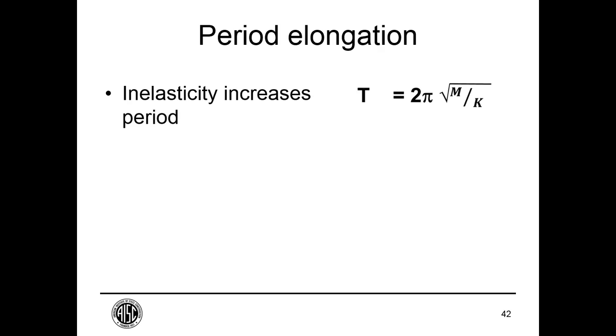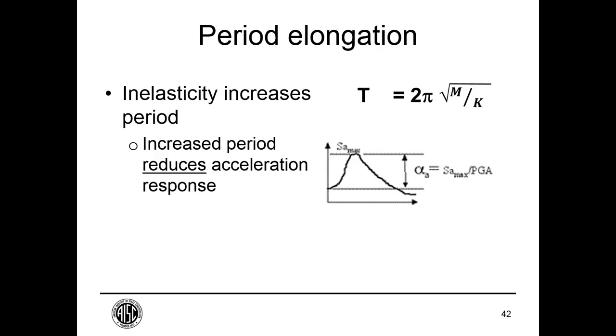And if you plug a smaller stiffness into the period equation, you get a longer period. So a longer period structure generally has less acceleration. So it may get us out of this constant acceleration region into a period-dependent acceleration region, and thus reduce the forces in the structure through yielding.